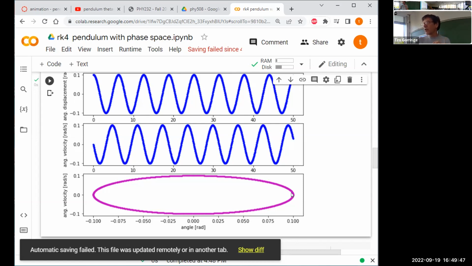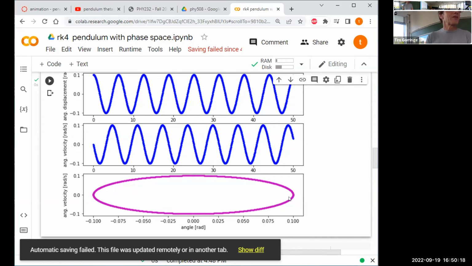We would be starting over here on the far right. That was our initial angle, and our initial velocity was 0. So we'd start here, and then we would run counterclockwise around this oval, or this ellipse, and that would be our trajectory through phase space. That's the pendulum's trajectory through phase space.